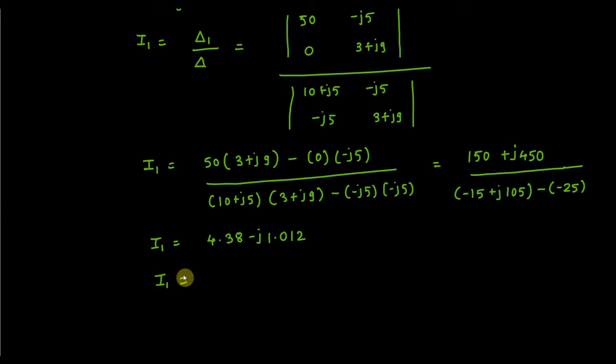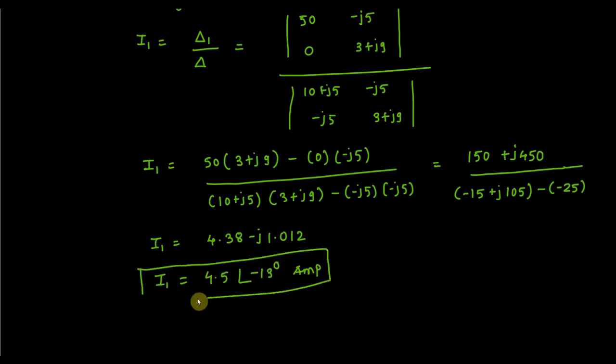When you convert that answer into polar form, we will get your answer as 4.5 at an angle of minus 13 degrees ampere. Fine, so this is the first answer.